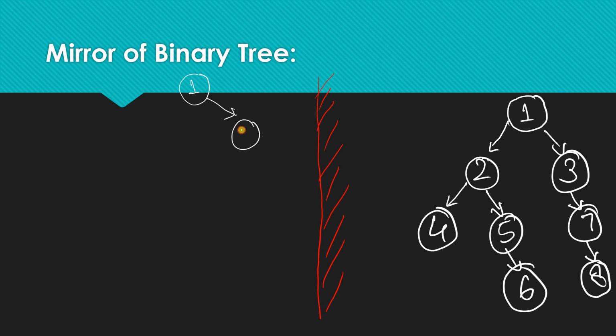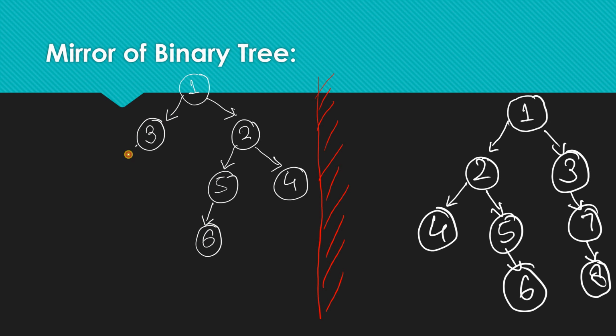So this will be 2, and then this will be 4, this will be 5, this will be 6, right? And then this portion will be shown here, right? So this is the mirror image of this binary tree, right?